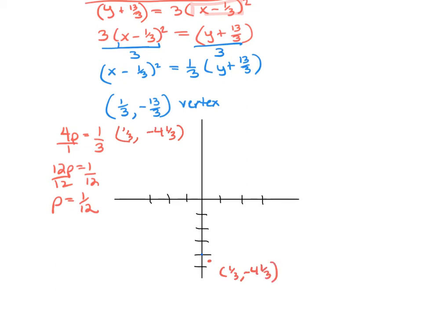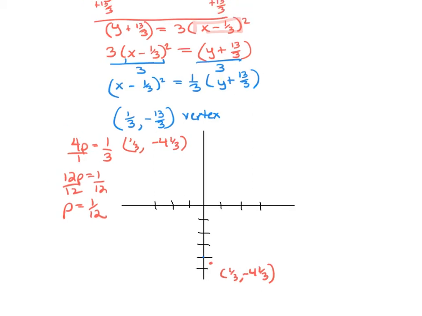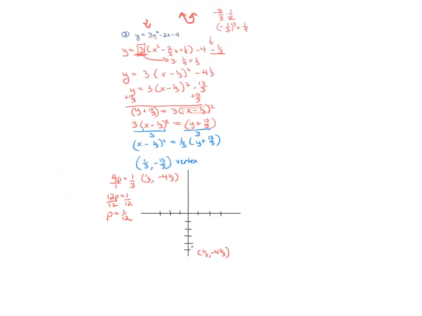Now, what I'm going to graph next is the y-intercept. So again, easiest way is if you go back to your beginning, when it's in this standard form, this is your y-intercept. Again, if you want to see the math, you set x equal to 0.